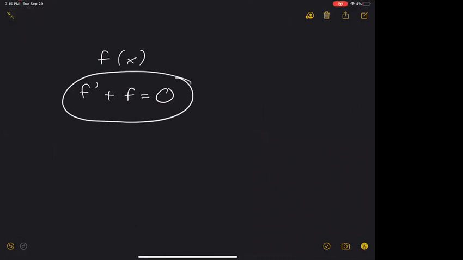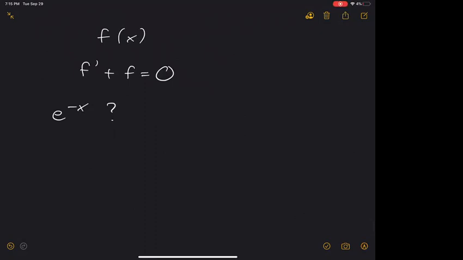Well, the function and its derivative have to cancel out. Maybe if you are especially clever, or if you've seen some material from ODEs before, you might think to try a function like e to the negative x. Does that work? Let's plug it in and see.